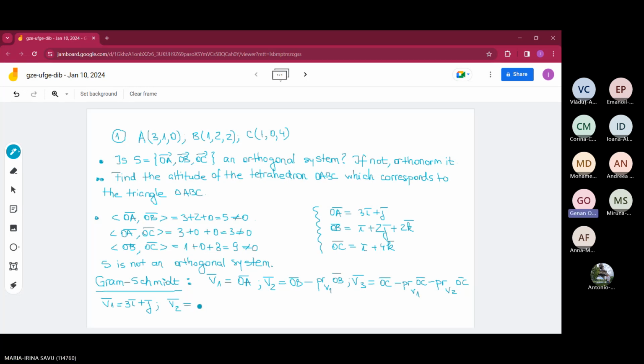So we need to find the projection. Exactly, which is 5/9 multiplied by V1. Let's see.